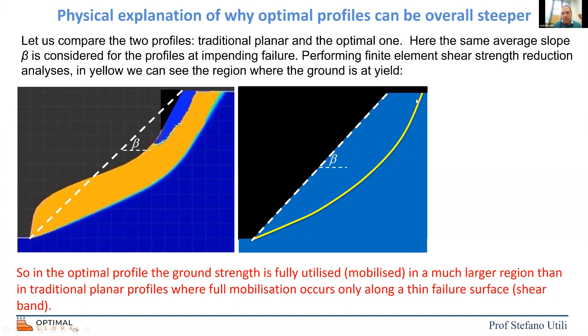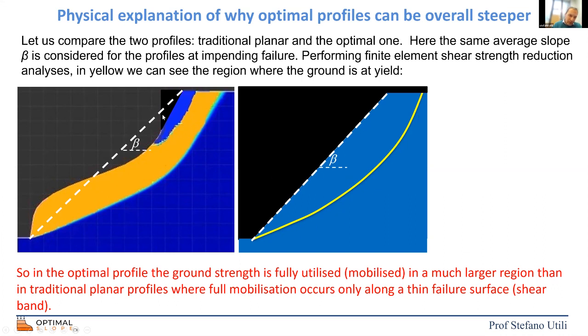So really the question is, who resists? Where does the resistance to slope failure come from? It comes from an integral, from summing up over all these points. But you can see it's a very narrow region.